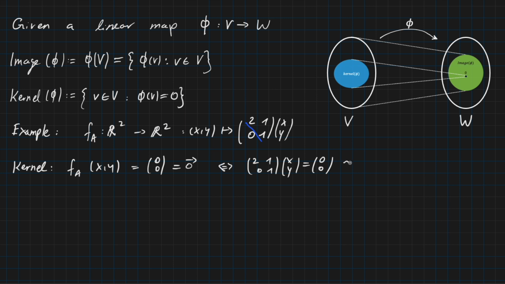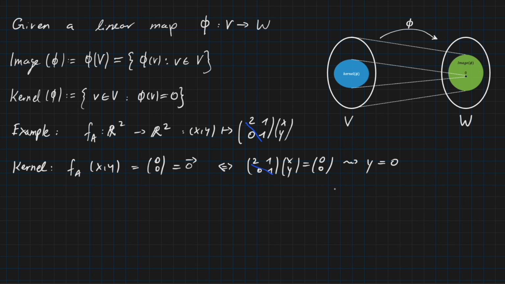And from here we can read out, because of this upper triangular form, that y equals 0, since we can see that 1 times y equals 0. For this reason y must be 0.